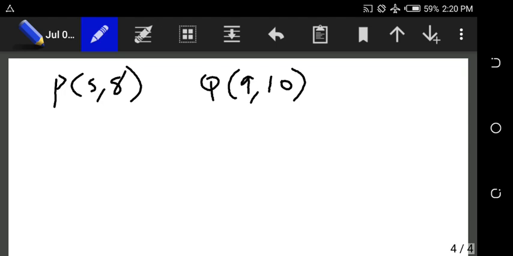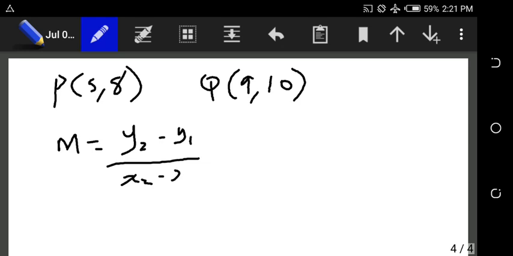Now you know that the formula for the gradient m is given by (y2 minus y1) all over (x2 minus x1). What are our x1, y1, x2, y2? Remember, in every given pair of coordinates, the first value is always the x, and the second value is always the y.